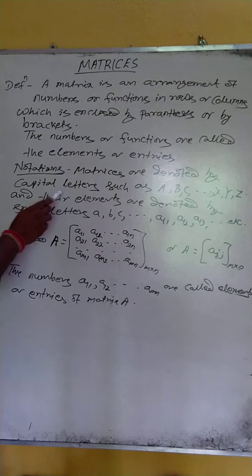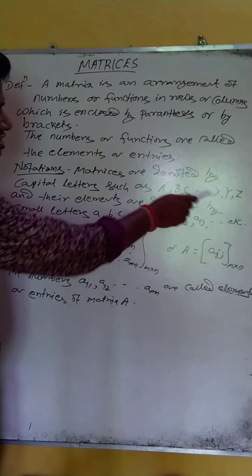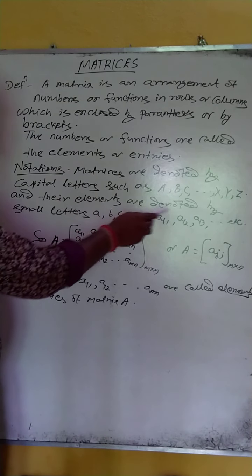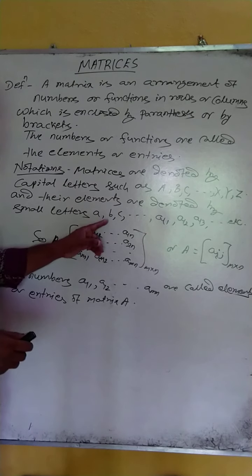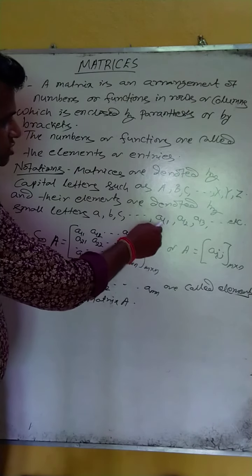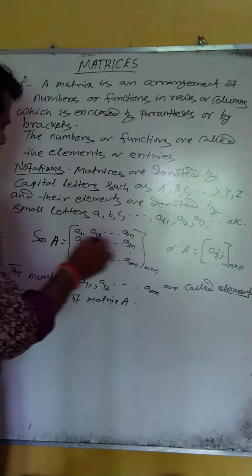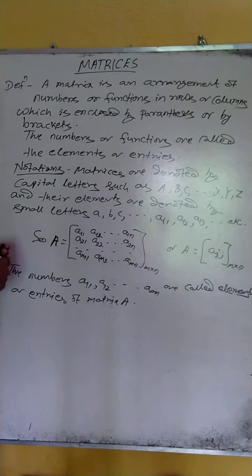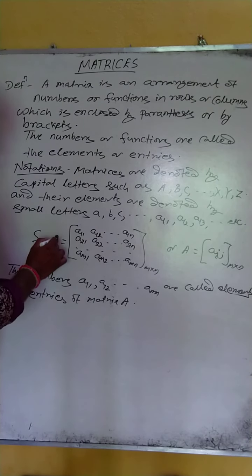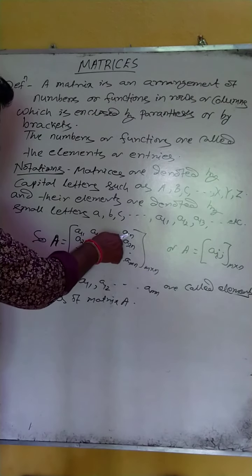Notations: matrices are denoted by capital letters such as A, B, C, D, X, Y, Z, and their elements are denoted by small letters a, b, c, or a11, a12, where the subscripts give the row and the column. So we can write a matrix A with entries a11, a12, a13, up to a1n.